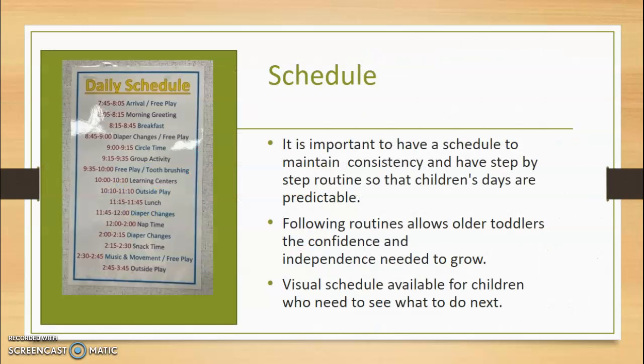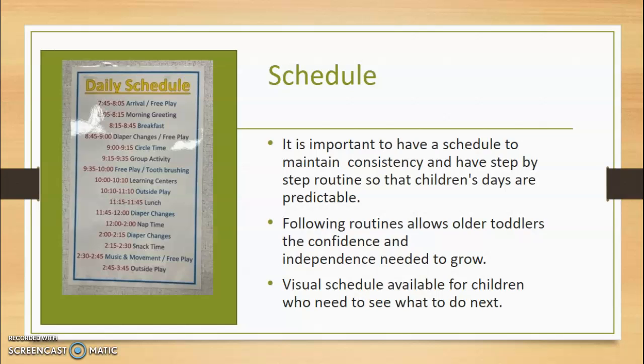And next is schedules. Schedules are an important part of the day. Without a schedule, children will be lost and behavior will be at its maximum. So it's important to schedule.